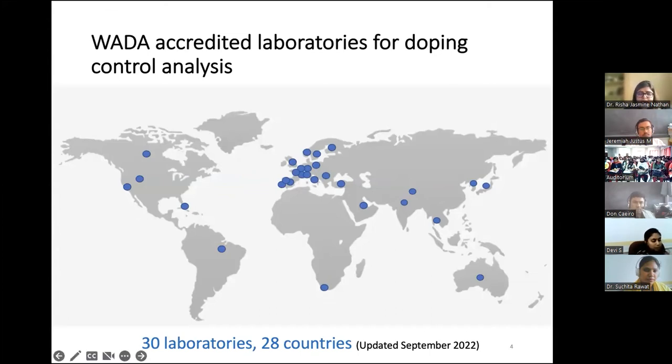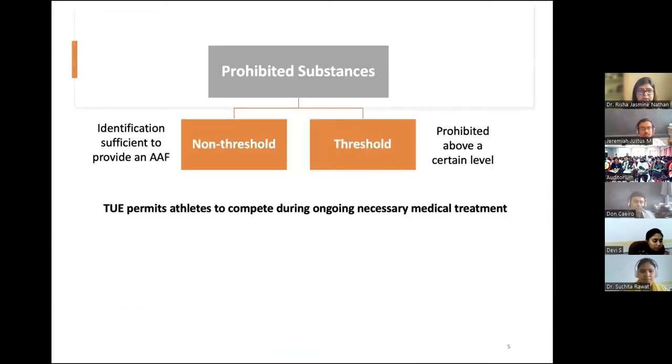There are many laboratories in Europe, a couple in the US, and one in Canada. This is the updated data, September 2022: about 28 countries having 30 laboratories altogether.